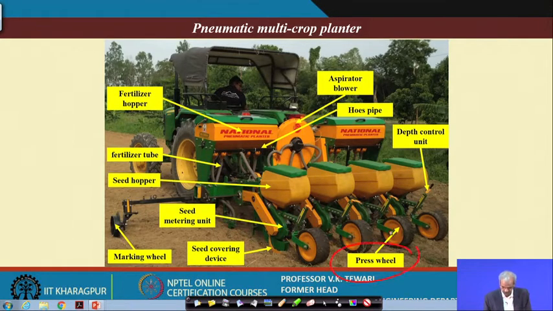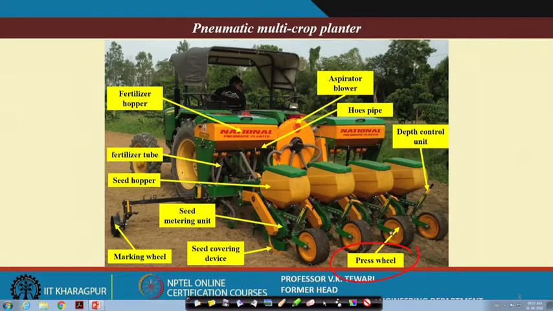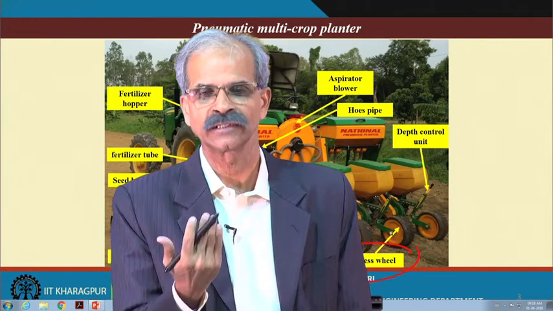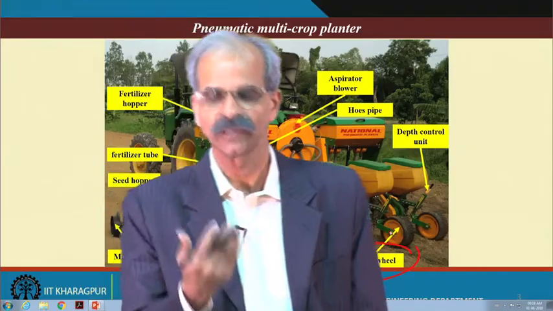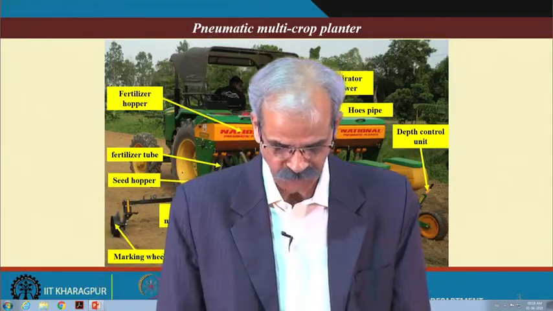This is the one which does the job after the seed has been put in the soil and a coverage has been given. The pressing wheels go and press it to a certain extent, so that there is a proper mechanical impedance, or soil thrust, against which the seed has to germinate. For that, we need to have press wheels.